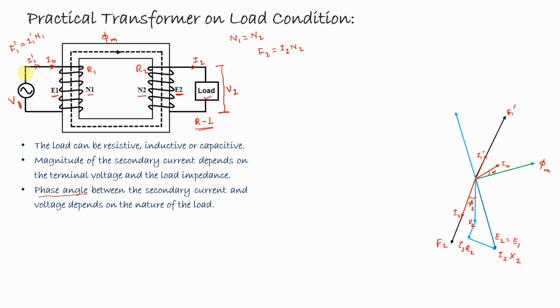Therefore, the net current that is flowing in the primary winding is considered as I1, and it should be the summation of these two currents. In the phasor diagram, it can be shown by this phasor. So here it is I1. It is the summation of no load current and the load component of the primary current, I0 and I1 dash.